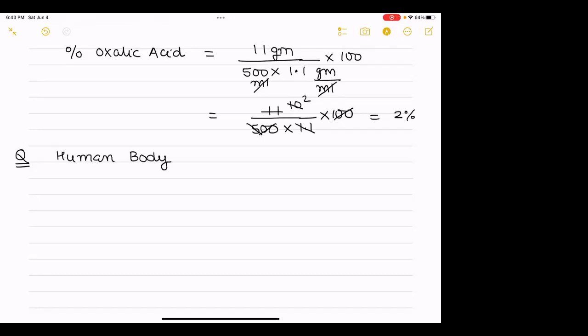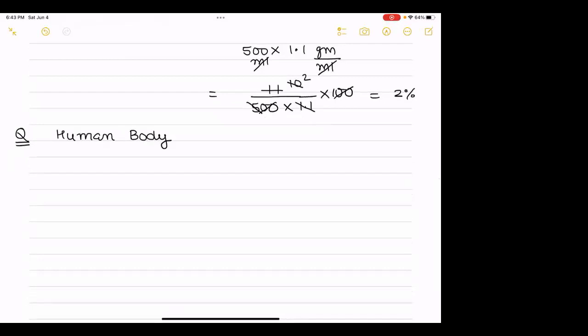I'm not writing the full complete language, just writing in order to save time. The mass percentage of various elements in the human body are given.